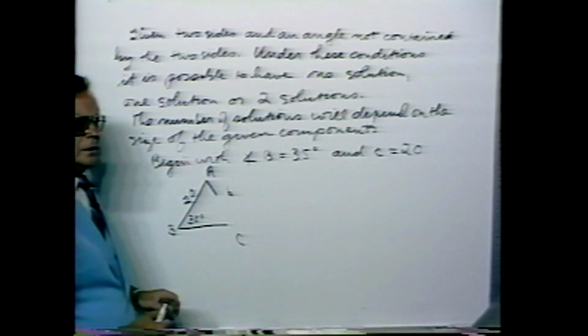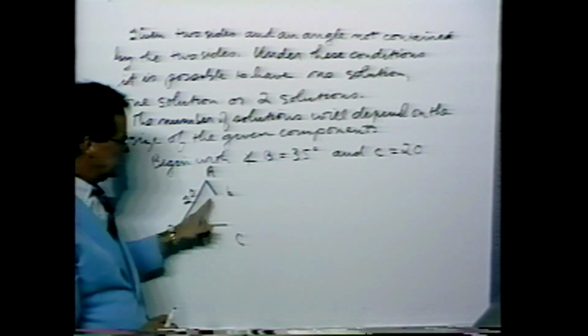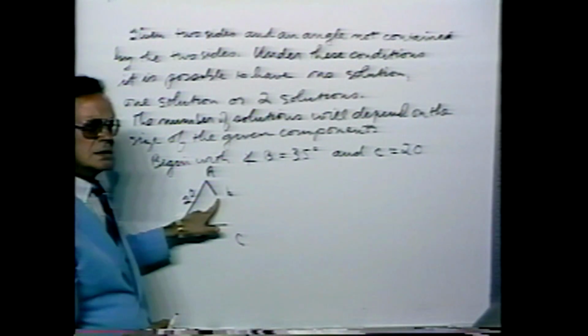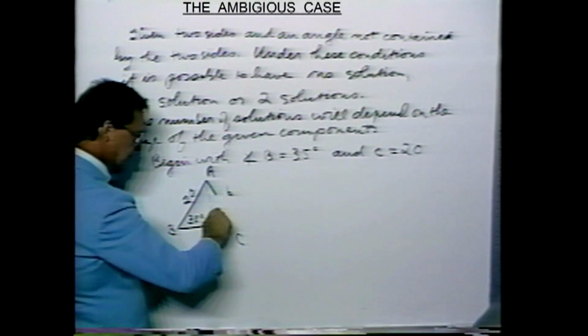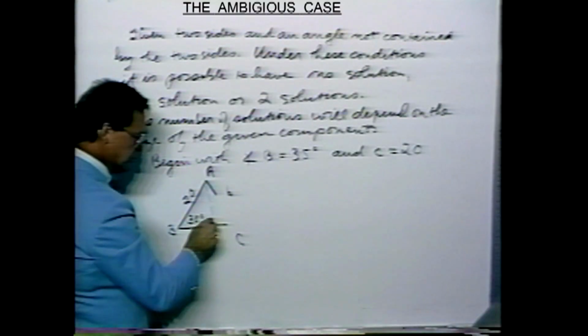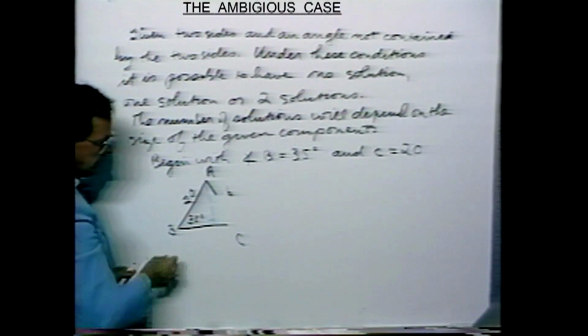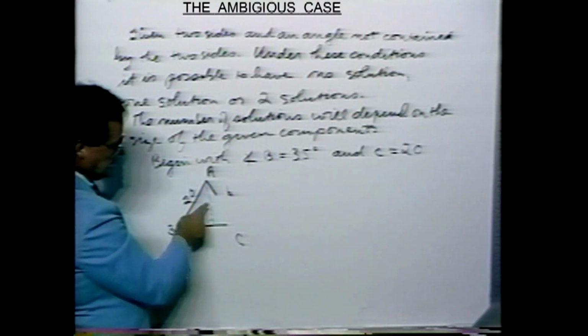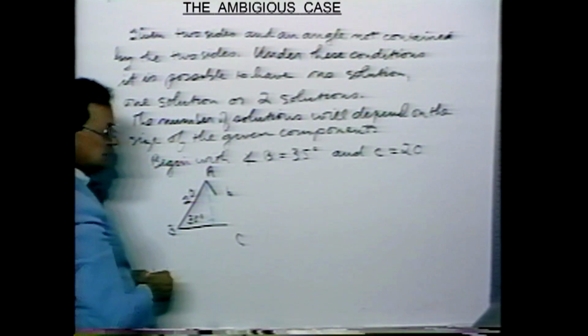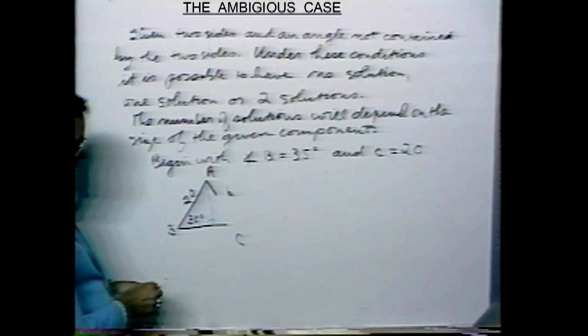If the length of side b is given that's less than the perpendicular distance, here is the perpendicular distance. If that length given is less than that amount, in green, there is no solution.